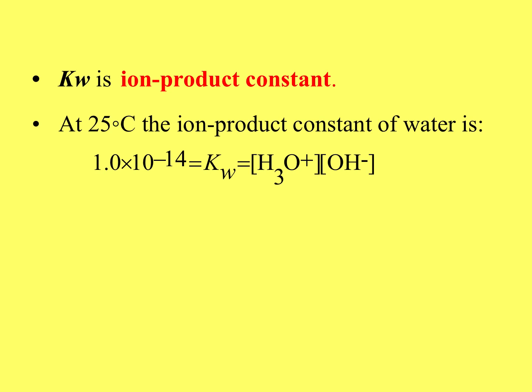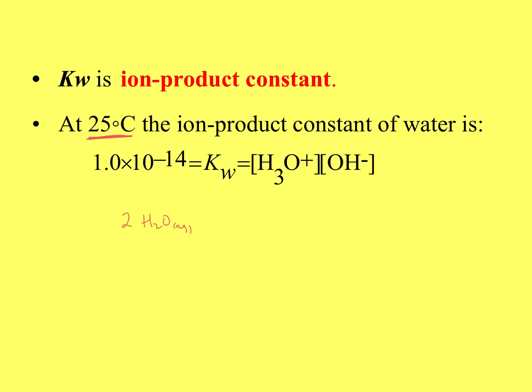So Kw is the ion product constant that is associated with that equilibrium that we just talked about. And it's very important to note that at 25 degrees Celsius specifically, the ion product constant of water is 1 times 10 to the negative 14th. Let me go ahead and rewrite that equilibrium right here.